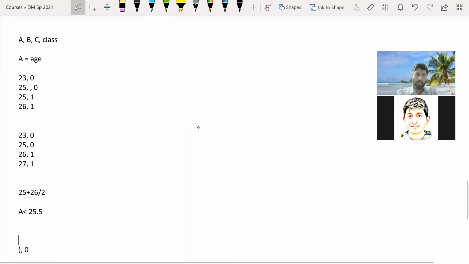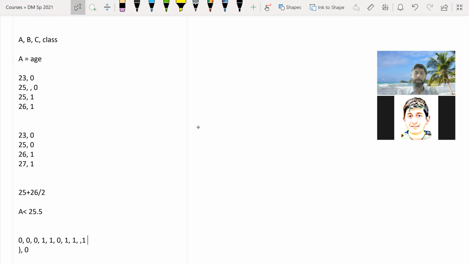But let's say you have a data set and you sorted it, and you got a trend like 0, 0, 0, 1, 1, then 0, then 1, 1, 1. Okay? So there isn't any one split at which you get the homogeneous split.